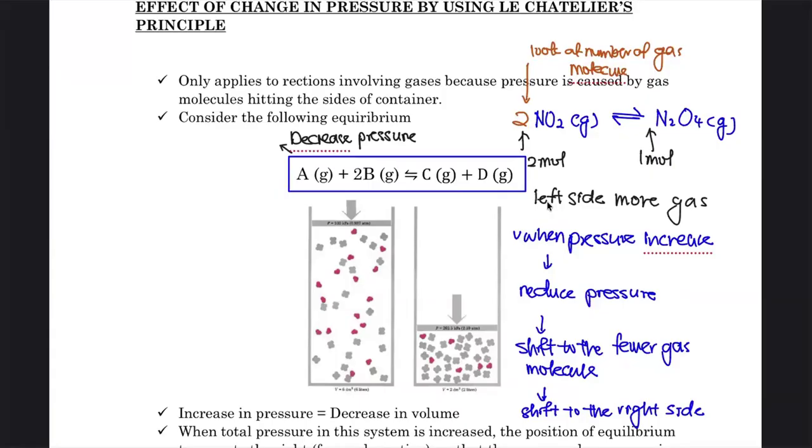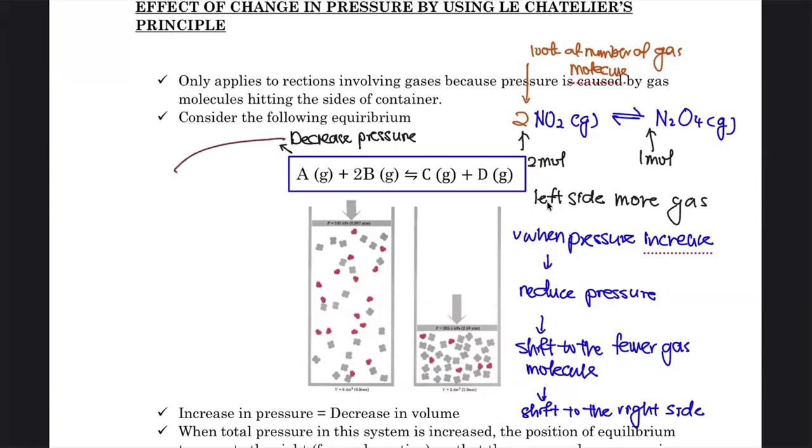If I decrease the pressure, my system will like to increase the pressure back, because my system is disturbed. So how to increase the pressure?